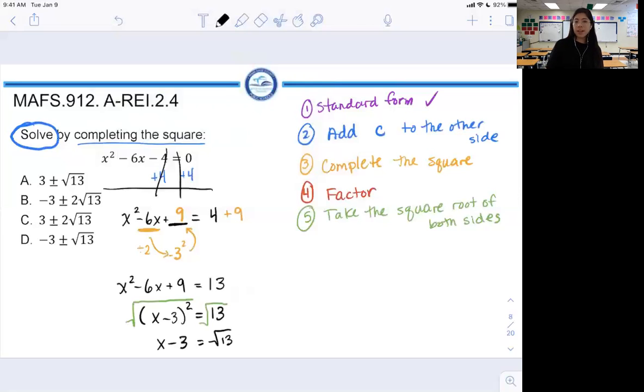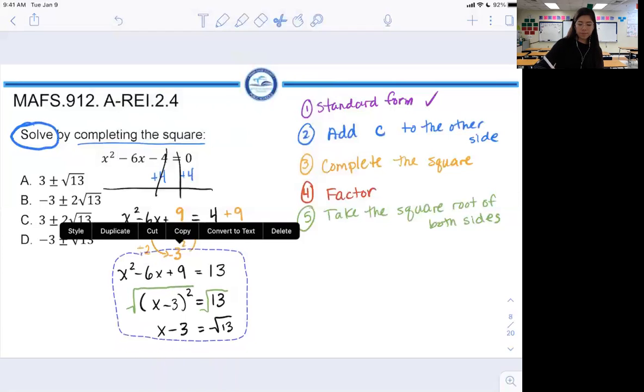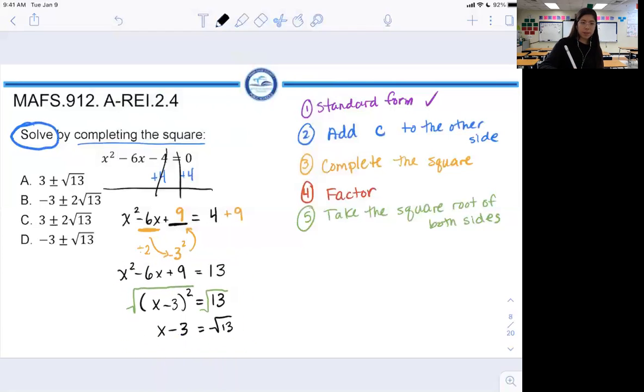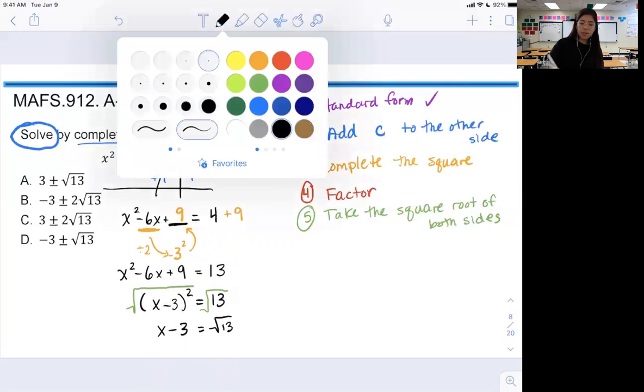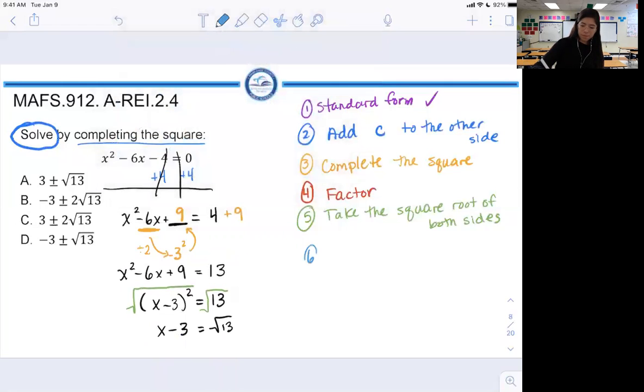Now have I lost anybody, or are you guys still with me? I think we're good right now. Okay, we're almost there. There's really just one last step because I'm trying to get x by itself. What's left to do in order to get it all alone?